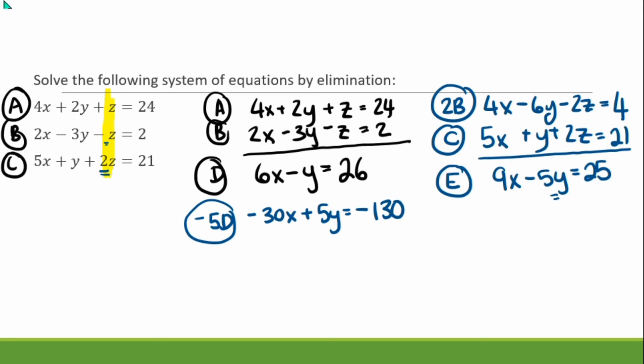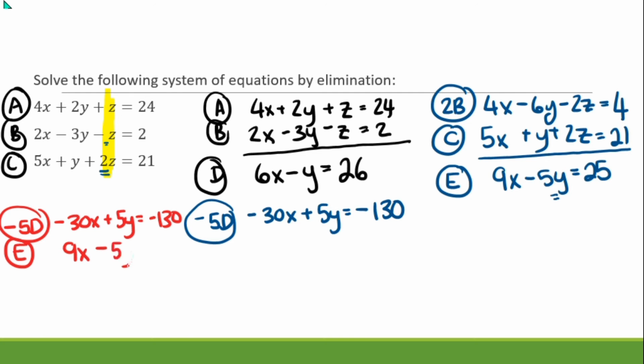All right, my next elimination, I'm going to try and squeeze in right here. Negative 5D and E. So the equation I just made, negative 30x plus 5y equals negative 130, and E is 9x minus 5y equals 25.